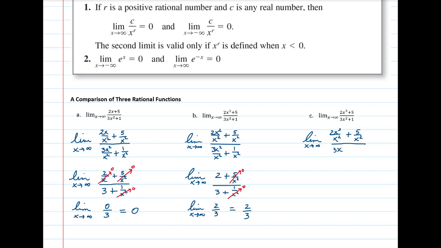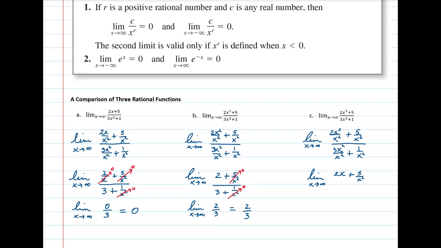So instead of x cubed, we don't necessarily want to divide everything by the power function with the highest degree, but the one that is going to eliminate the highest exponent on the denominator.